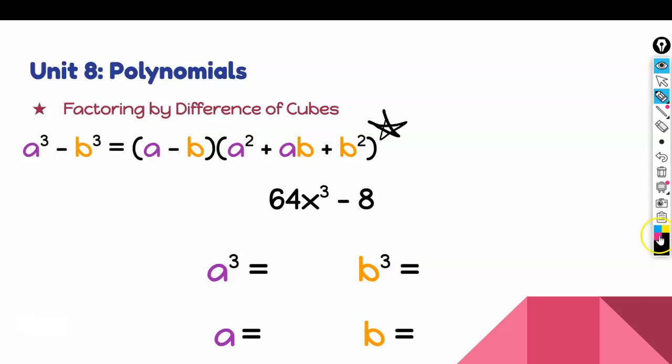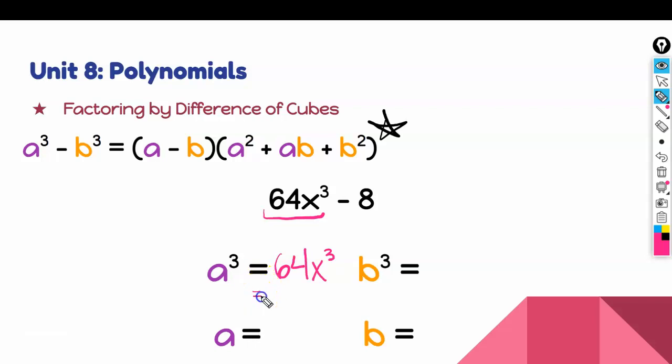All right, so starting with 64x to the third. That's going to be my a cubed term. Well, I have to break 64 down to what multiplies by itself 3 times to give me 64.